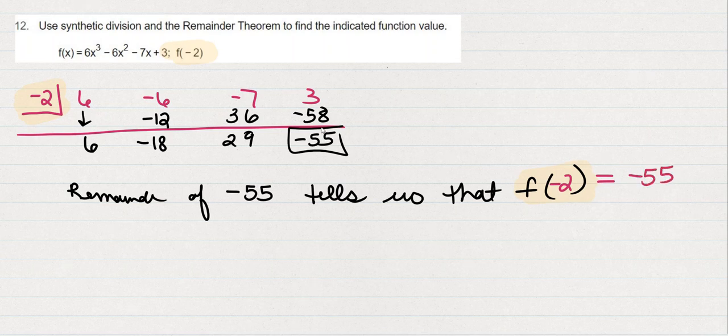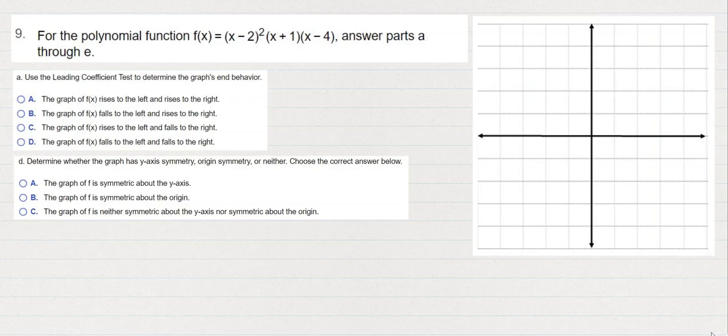It's equal to the remainder. That's the remainder theorem. It'll become really helpful, really powerful when we're going to find zeros in the future, right? So make sure you're familiar with that.